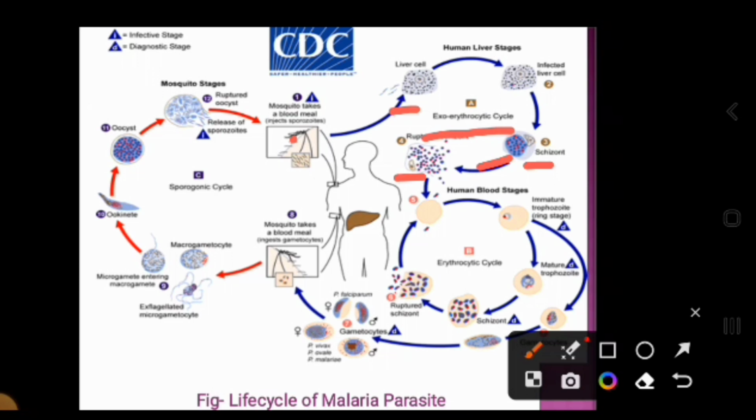Erythrocyte means RBC. As these stages occur outside the RBC, this is known as the exoerythrocytic cycle. Once multiple merozoites are formed, they leave the liver cells and enter the bloodstream. From there, they enter the RBC.